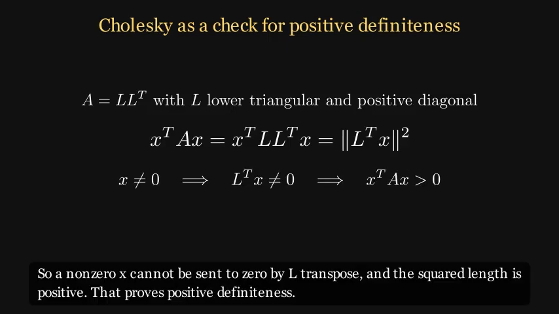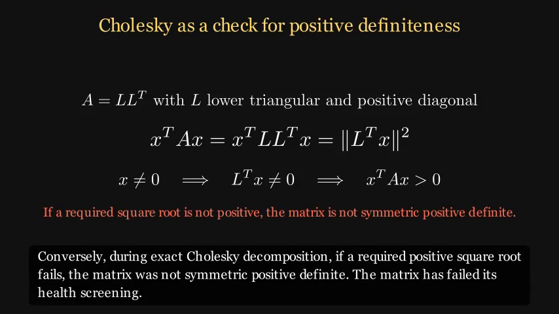So a non-zero X cannot be sent to 0 by L transpose. And the squared length is positive. That proves positive definiteness. Conversely, during exact Cholesky decomposition, if a required positive square root fails, the matrix was not symmetric positive definite. The matrix has failed its health screening.